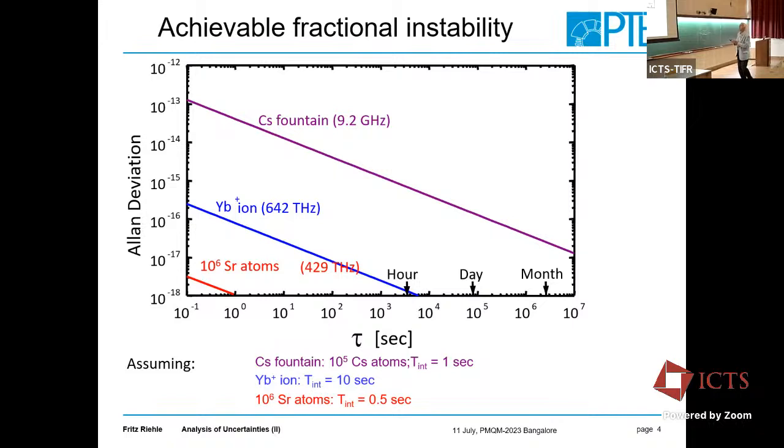If you would use a single ion, and these are simply the factors I have calculated before, you can get this already in a few seconds. And within an hour or so, you go far below 10 to the minus 17. And with 10 to the 6 strontium atoms or 10 to the 4 strontium atoms, you can get such a comparison within a few seconds to very high accuracy.